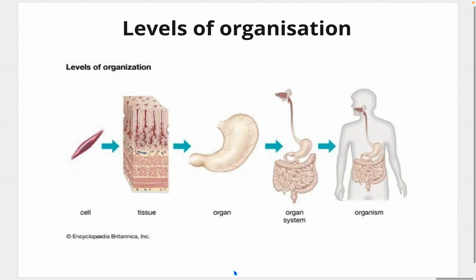For example, muscle cells can group together to form muscle tissue. And these tissues can group together to build your organs, like heart, liver, lungs, stomach, kidneys, bladder, etc. And then, with all of these organs, the body can form organ systems, like the digestive system with the liver and stomach, or, for example, the urinary system with your bladder and kidneys.